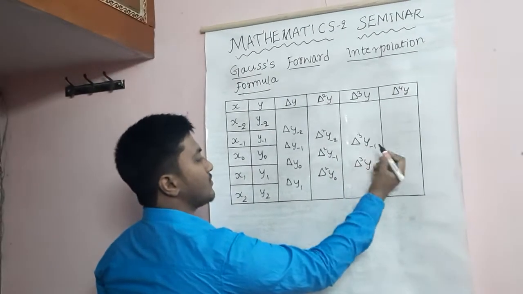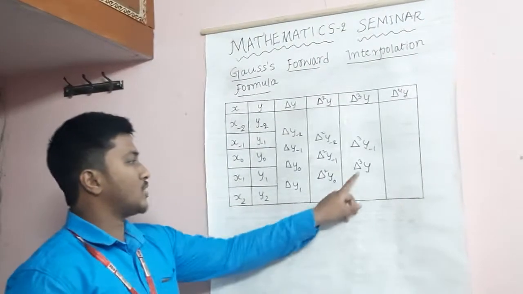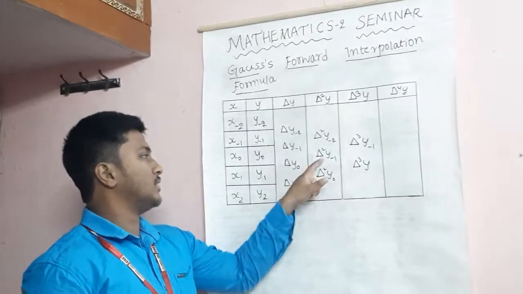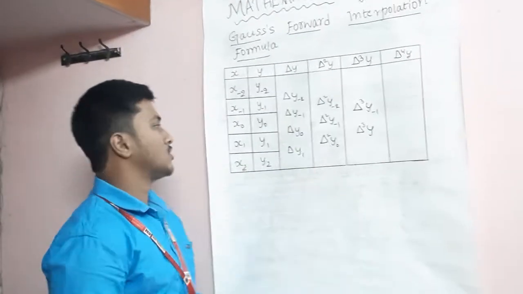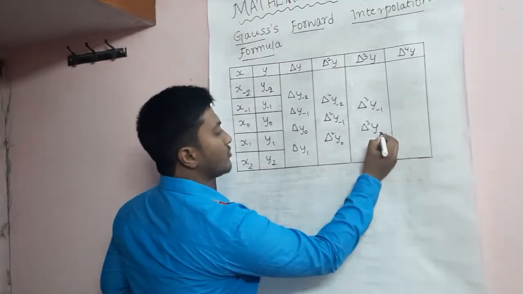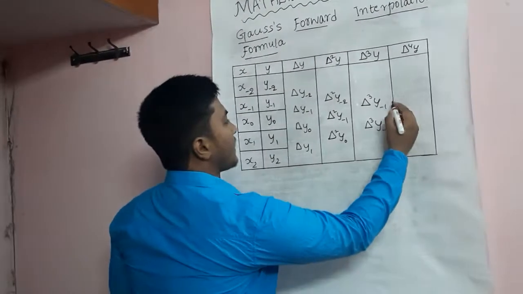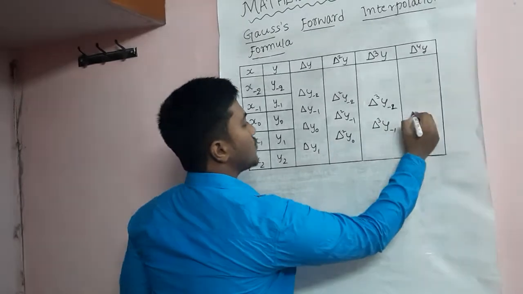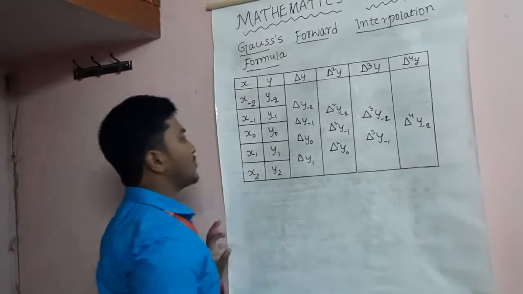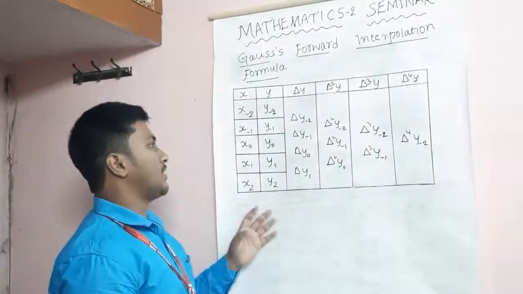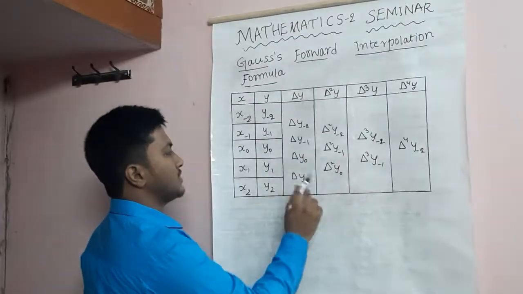So delta cube y suffix minus 1, and this one is obtained by subtracting delta square y suffix minus 1 from delta square y naught. So we denote it as delta cube y suffix minus 1, and this is minus 2. And the last one is delta power 4 y suffix minus 2. So first we should construct a difference table and denote all the differences.